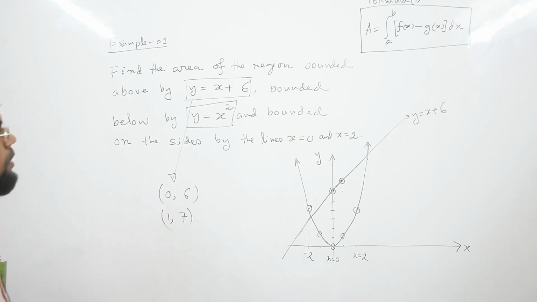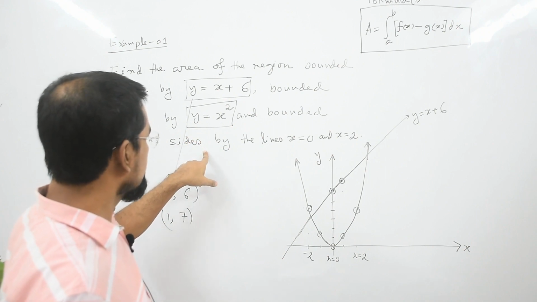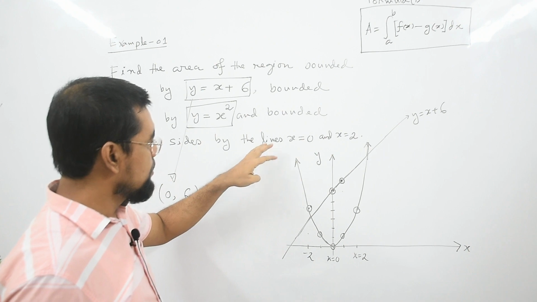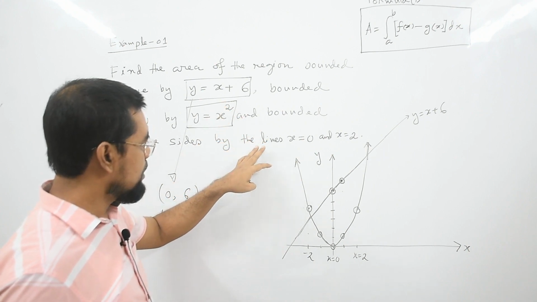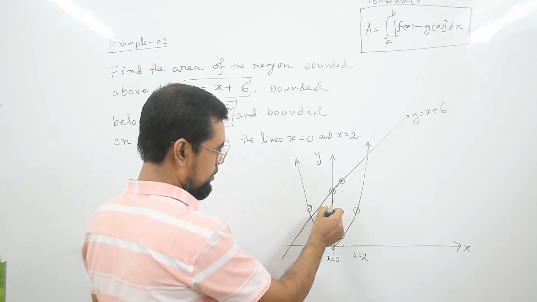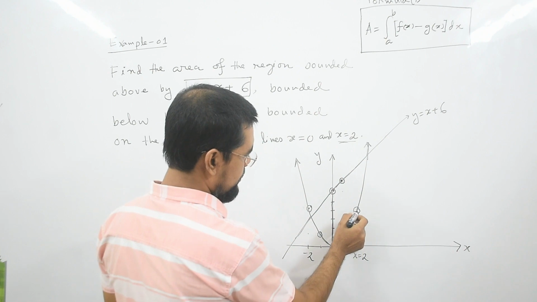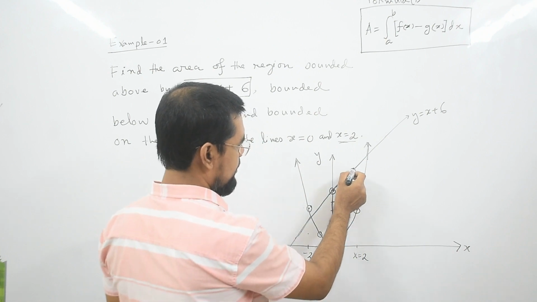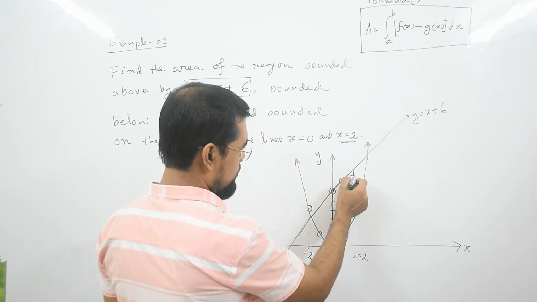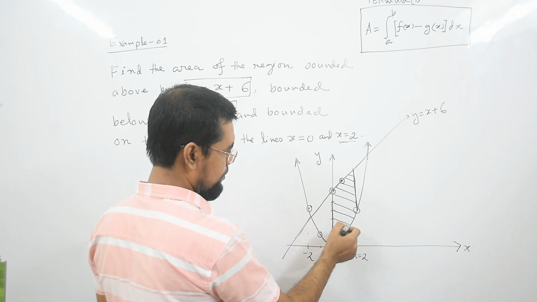So this is the graph of the given functions, and in this example you want to calculate the area between these two curves, bounded on the left by x equal to 0. So this is your left line x equal to 0, and another one is x equal to 2, which is this line. So in this problem you want to know the area of this region.